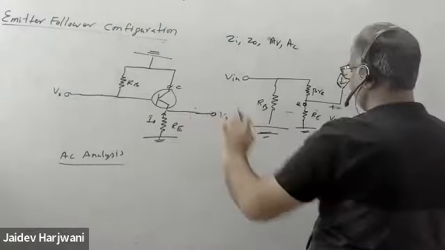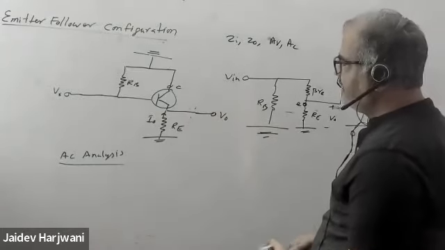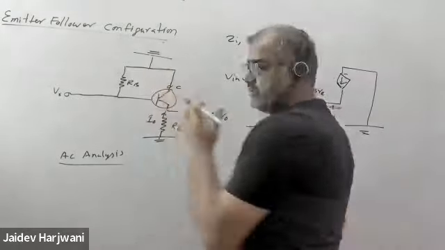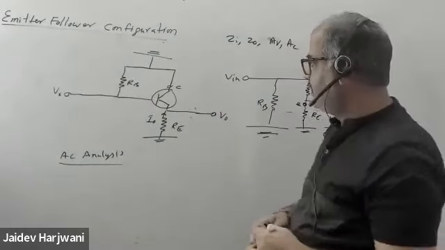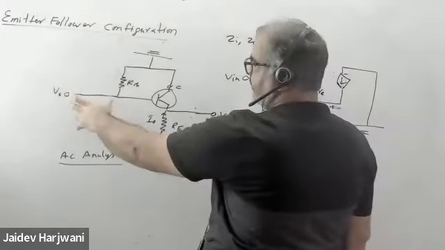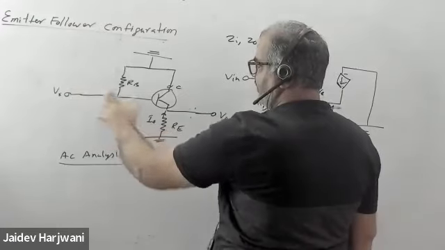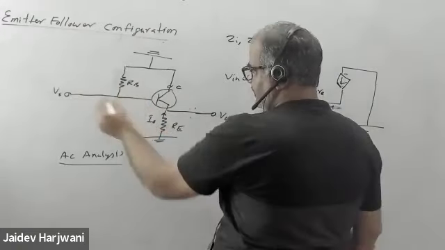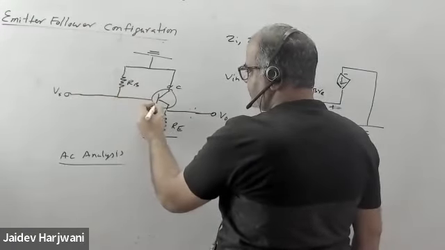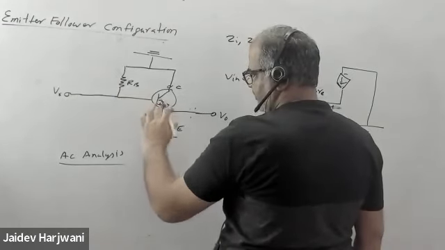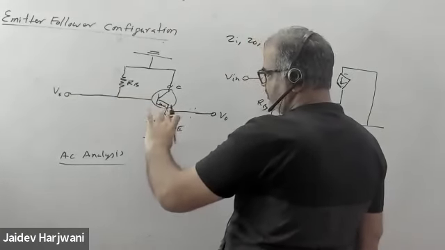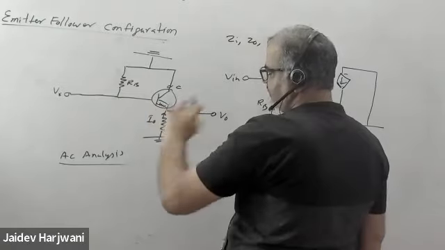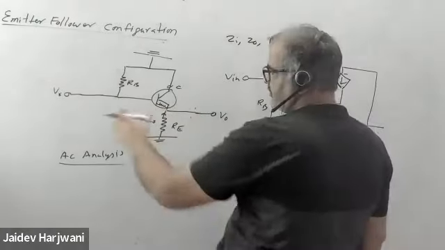So why is this circuit called emitter follower configuration? Just look here, you're applying V input here, and V input will be consumed into resistances, one is this one and one is this one, and across this voltage, what you're taking is basically your V output.